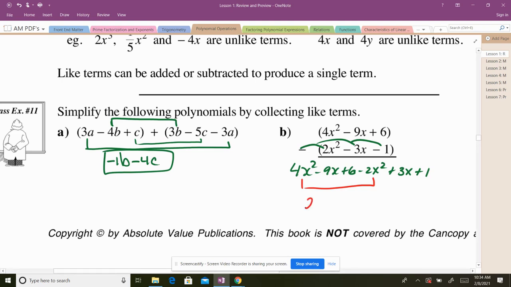So this becomes 2x squared. Negative 9x plus 3x. It's negative 9 plus 3. Negative 6x. And 6 plus 1. That's it.